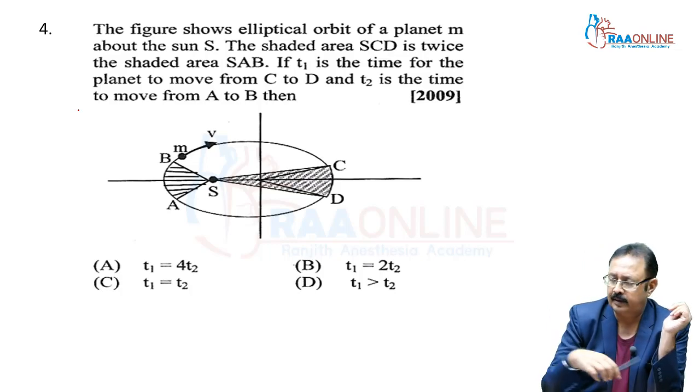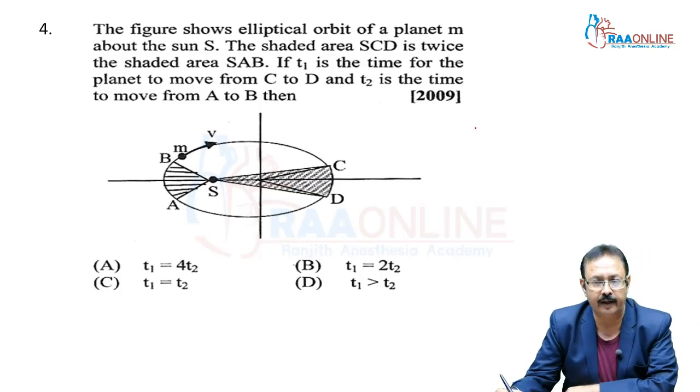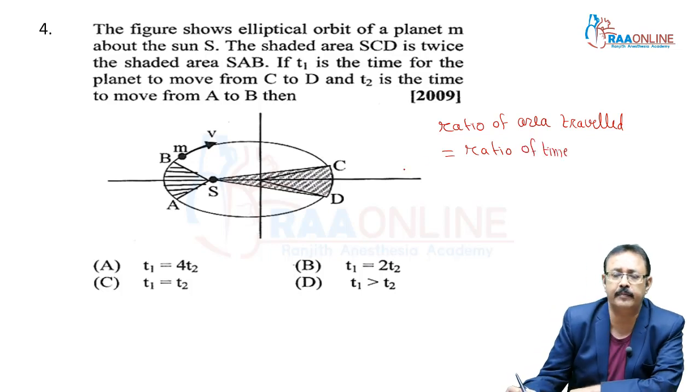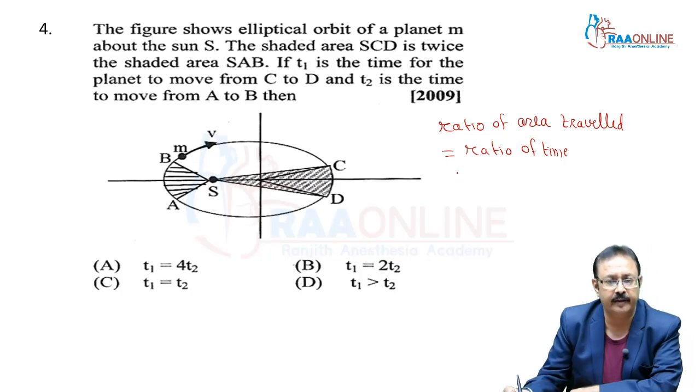Means the ratio of area traveled is equal to ratio of time.